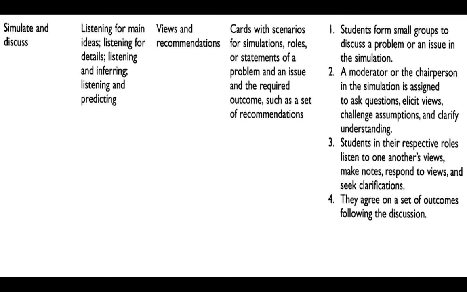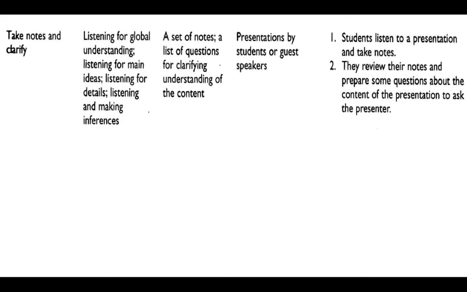And then number 4, they agree on a set of outcomes following the discussion. It's like they have a problem, they discuss it, everybody has points regarding this problem, the situation of what is really happening, and then they make some sort of recommendation, the outcomes that need to happen to solve this problem, for instance. That's just an example of what they work on. And then next, the name of the task is take notes and clarify.